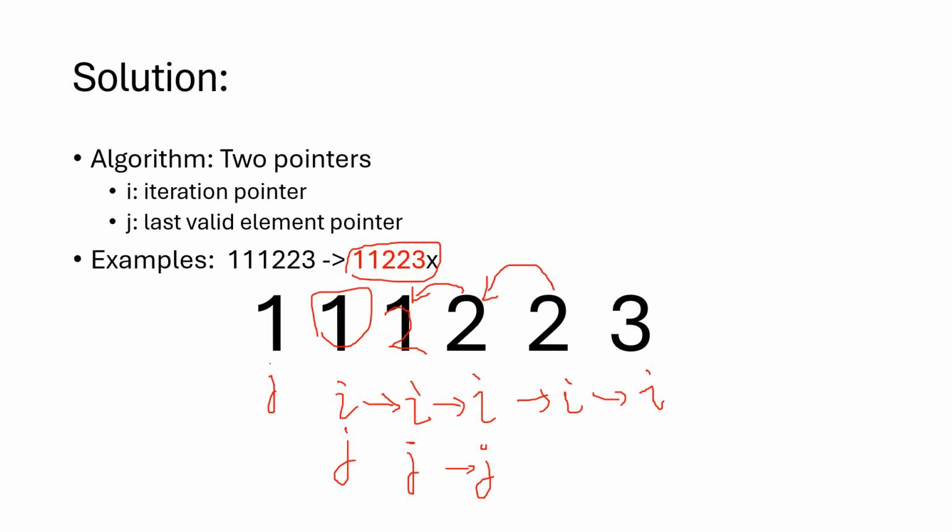We need to copy it, do the assignment to this position, and after that, we proceed J to mark it as valid. After this, we are done with the whole array, and the algorithm is complete.